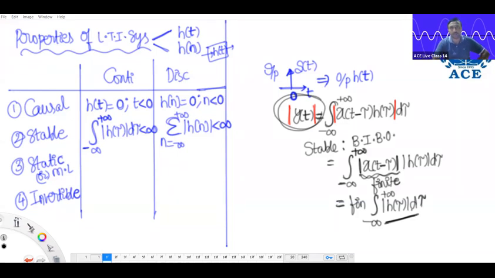Everyone go through it. Modulus, don't forget that modulus.